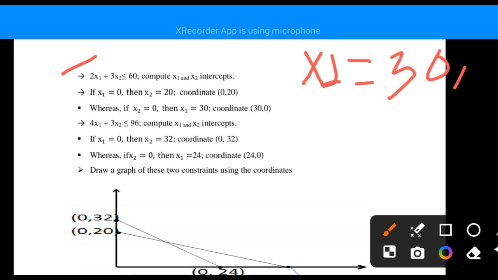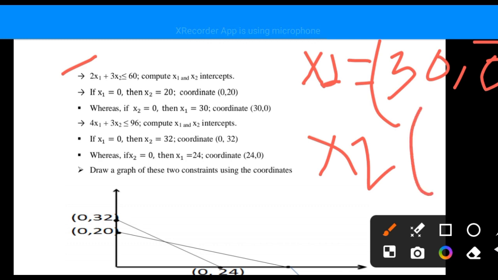And when x1 is 0, x2 is 60 divided by 3, which is 20.